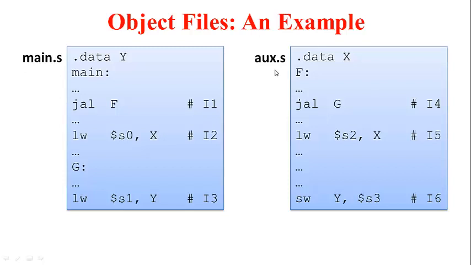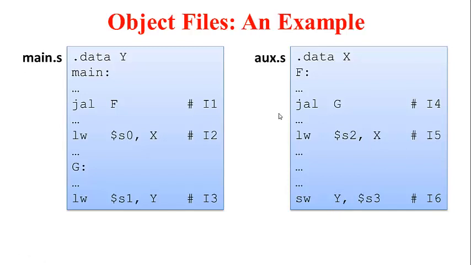In aux.s we have local variable x, and the definition of function f which calls function g which is present in main.s. There is a reference to local variable x as well as variable y which is present in the other main.s assembly file. The three relevant instructions I am going to refer to further I have marked here as I4, I5 and I6.